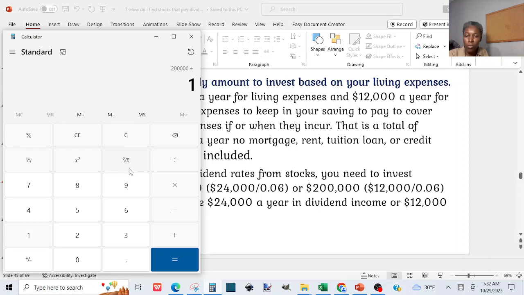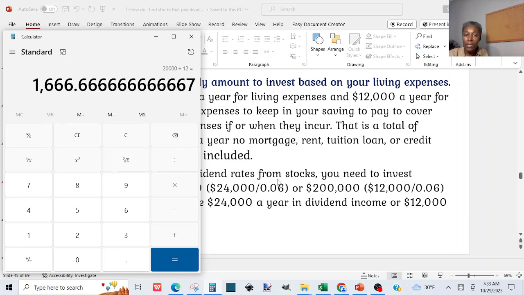So if you say you are going to reach that goal in 10 years, that's $20,000 you need to invest a year. If you divide it by 12, that is $1,667 you need to invest a month for 10 years to generate $12,000 a year in dividend income at 6%.